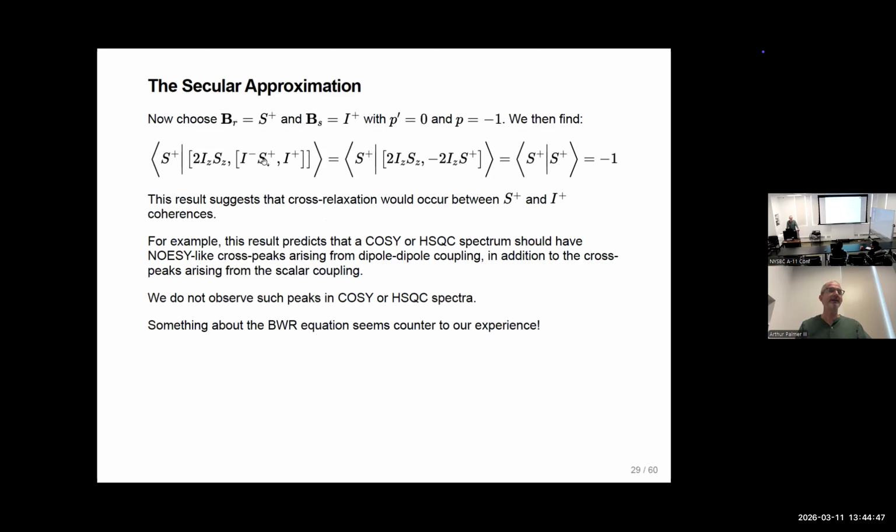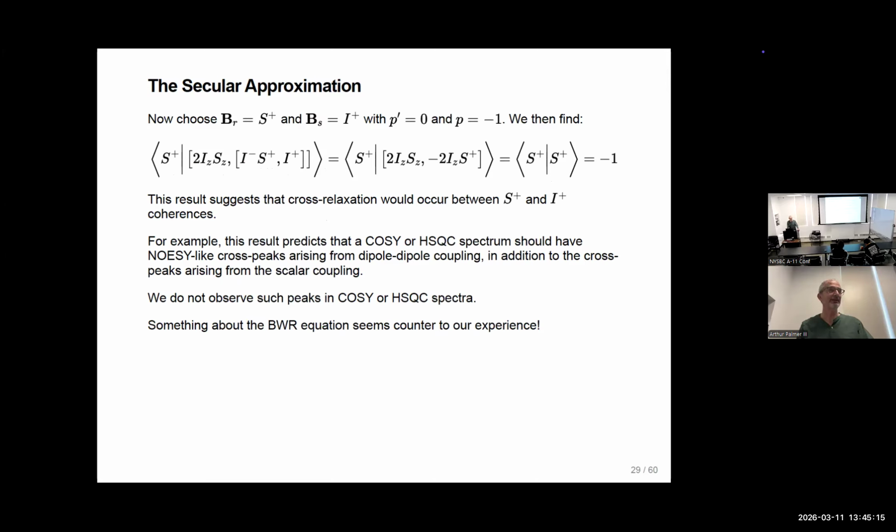You put I minus S plus for one of the operators A, and 2IZSZ for the other operator A, and I chose the starting operator to be I plus and the ending operator to be S plus. Again, I know what I want to show you, so I knew to pick these. But again, I do the calculation and I get -1.